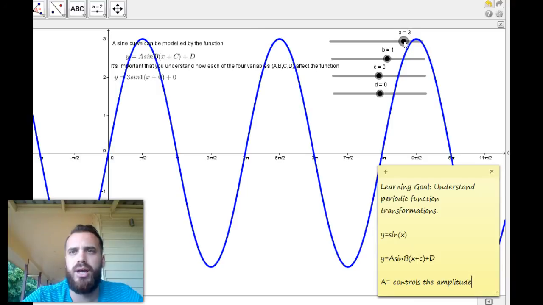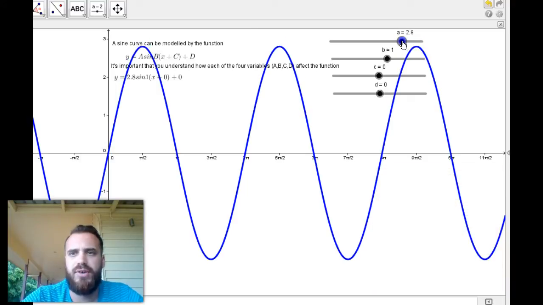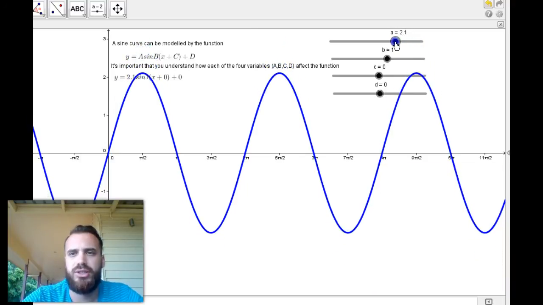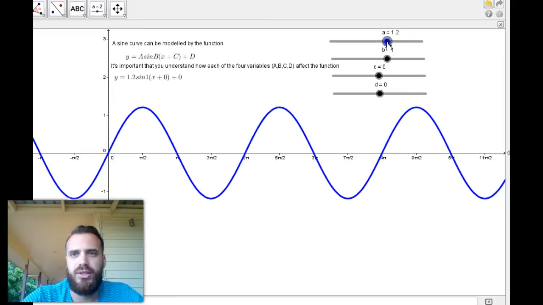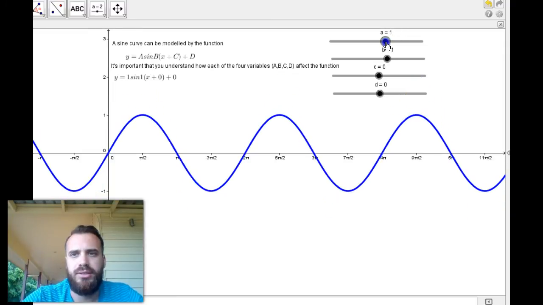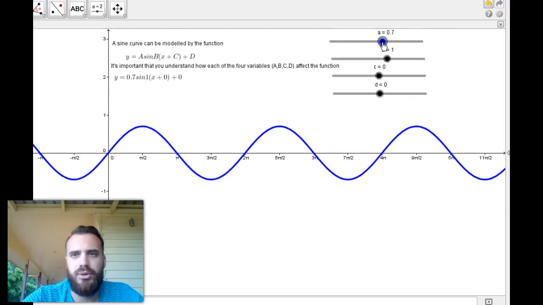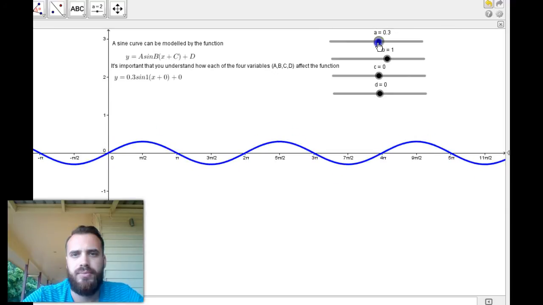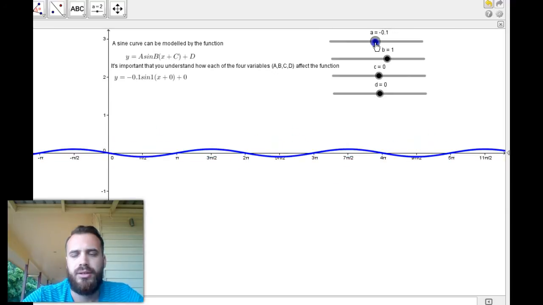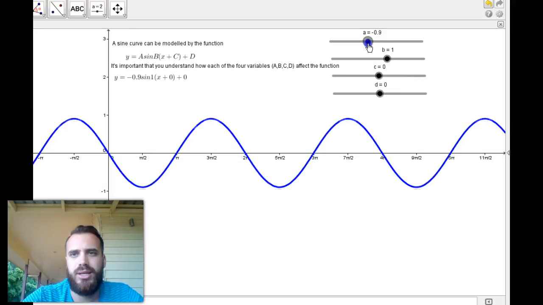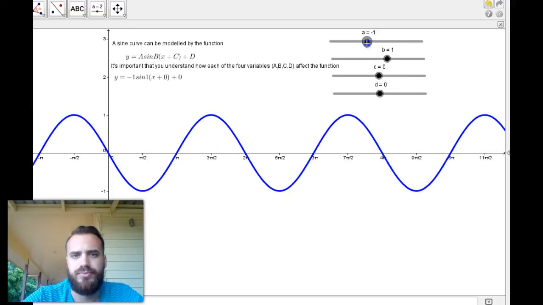Let's quickly look at what happens when I shift that a value into negative territory. That's an a value of 1, back at where we started. Lower, lower, lower. Okay, let's move all the way to a negative 1.